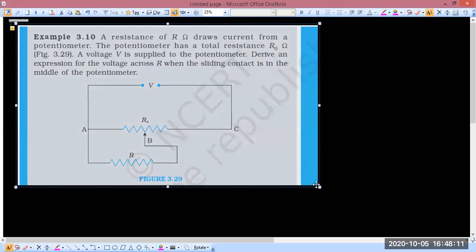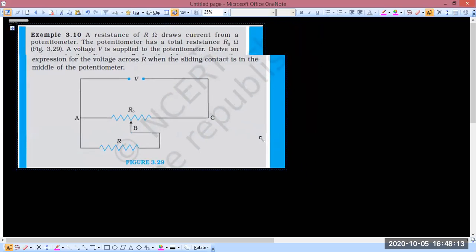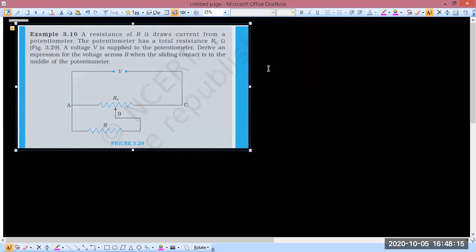So here is the question. Now let's read it. Resistance of R ohm draws current from a potentiometer. આમાં potentiometer ક્યાં છે? આ potentiometer ની primary છે, everyone. This is primary.